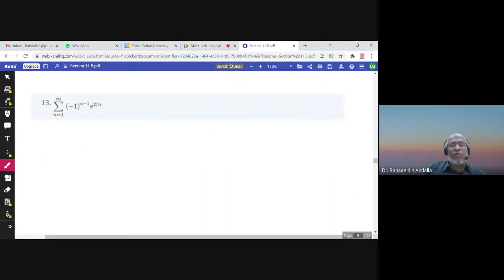Okay, what is Bn here? What is the limit of Bn when n goes to infinity? Two over infinity is 0, e to the power 0 is 1. This is not equal to 0.